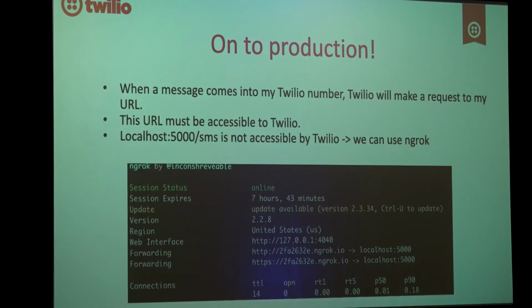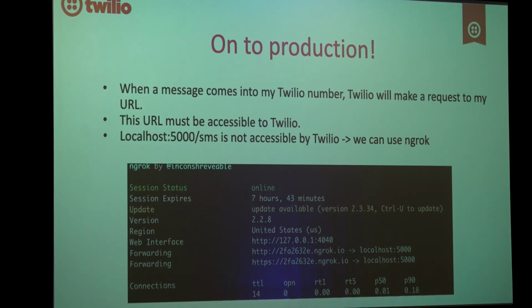So we use ngrok. Ngrok is really cool for testing, but I think it's also good for proper production environments. If you sign up for a proper account in ngrok, you can really work with it.